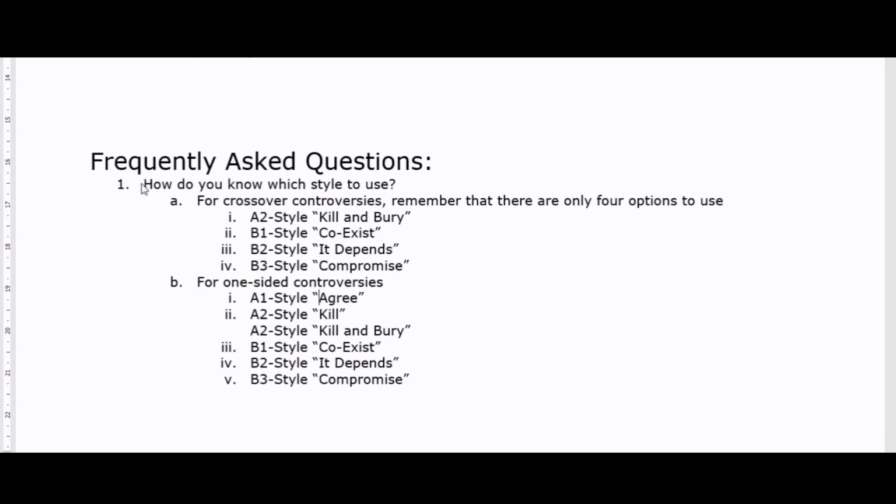And for one-sided controversy, it's either the one-sided agree or the kill and bury, both A2 style. And alternately, you can also use the coexist, the it depends, or the compromise. So basically, we're really only talking about 5 argumentative techniques.